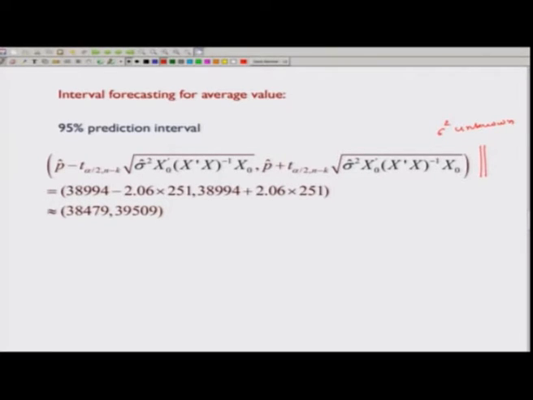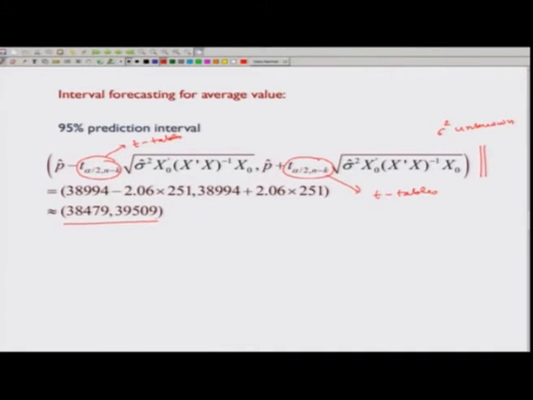In this expression, if I substitute all these values, where the value of t alpha by 2, n minus k is obtained from the t tables, and this is also obtained from the t tables, then the prediction interval turns out to be like this.